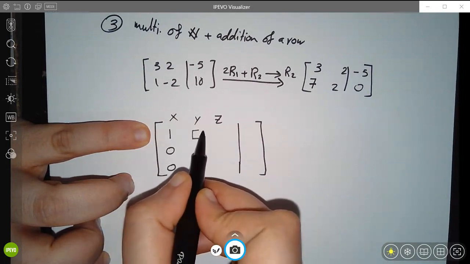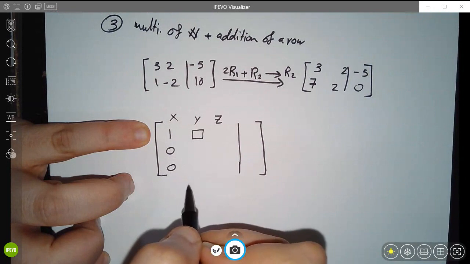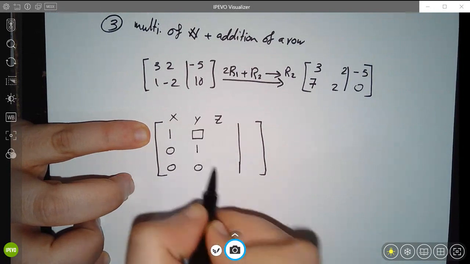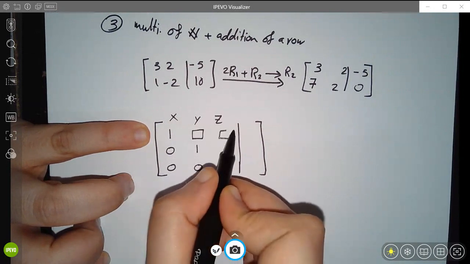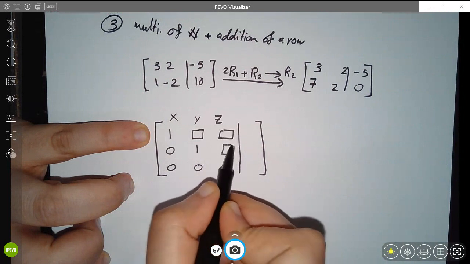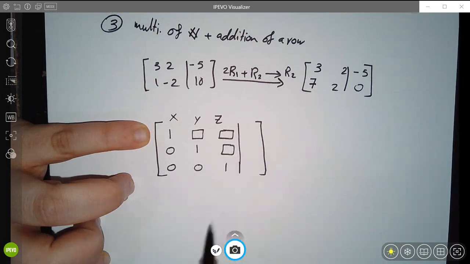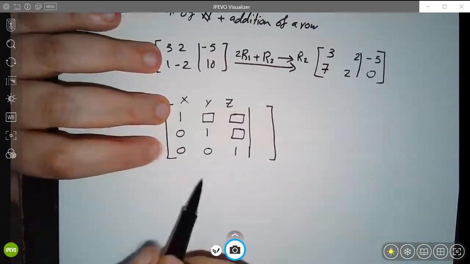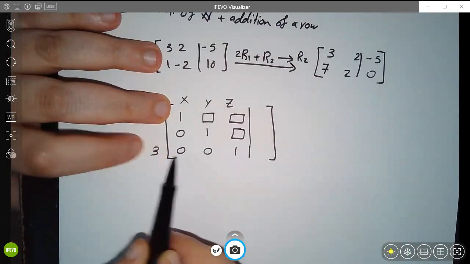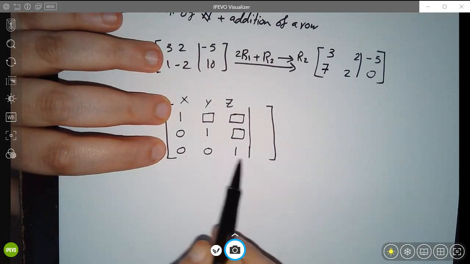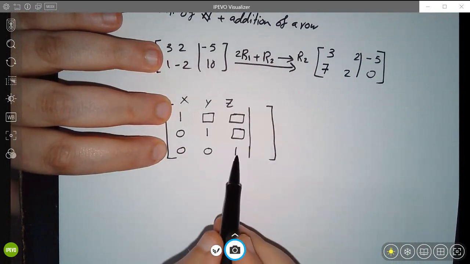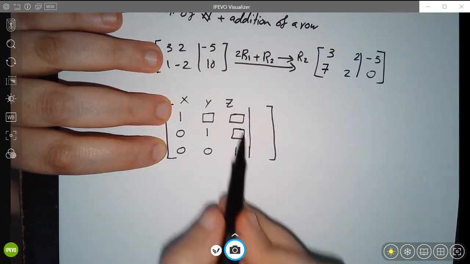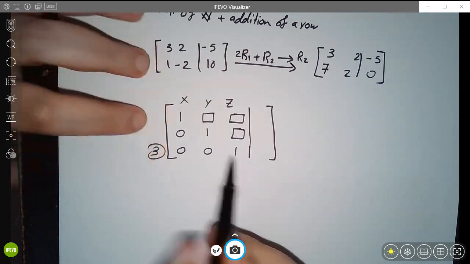This could be anything, so I'm just going to write a square here because I don't care about the value. 1, 0. Could be anything. 1. If you get to this point, the third equation only has 1 variable, so you technically solved one of them.